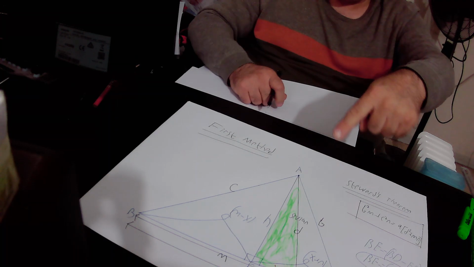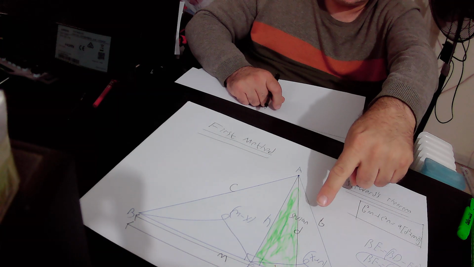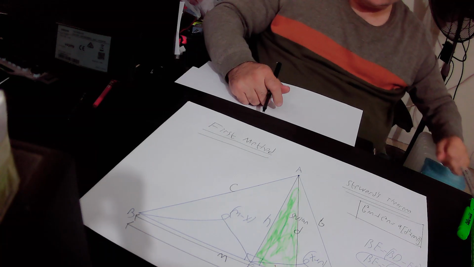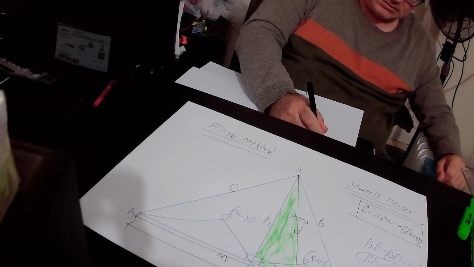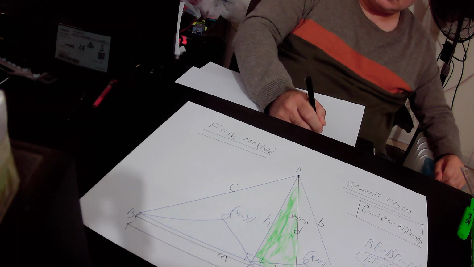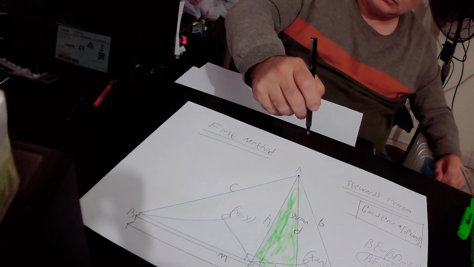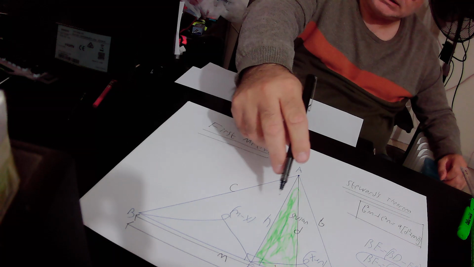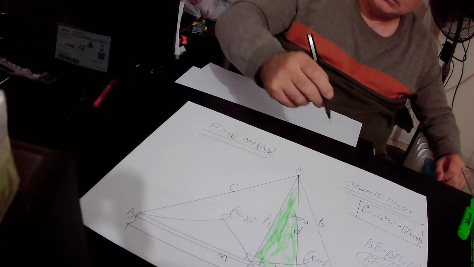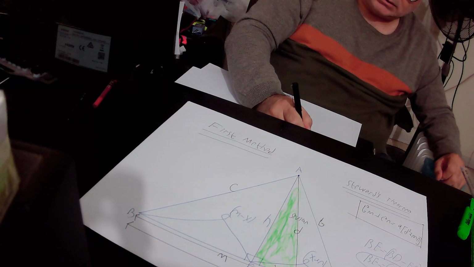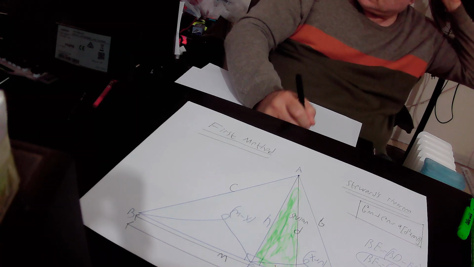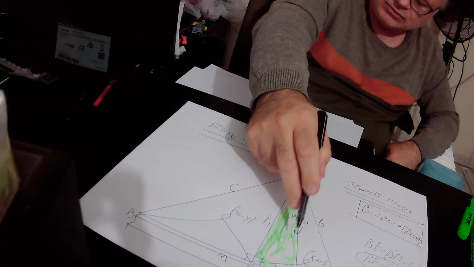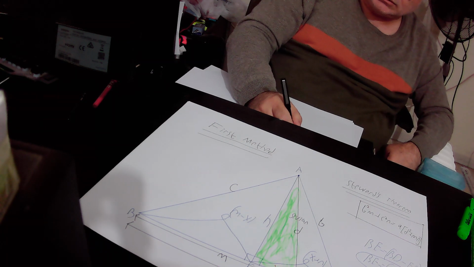Here, AD equals D units in its length, therefore AD squared is D squared, and it must be equal to AE squared. AE is h, therefore AE squared is h squared, plus ED squared. ED equals x, therefore ED squared equals x squared.